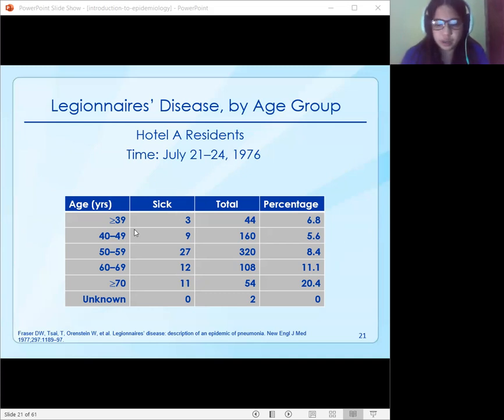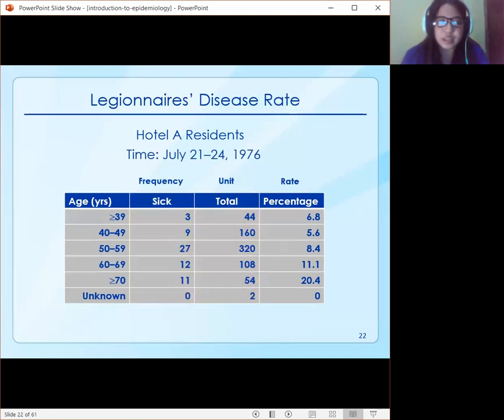So here we actually have the frequency, that's the number of sick, the unit size, and the rate is the percentage. If we just look at the frequency, we might think that the highest rate of persons becoming ill is the age 50 to 59 because it's 27.